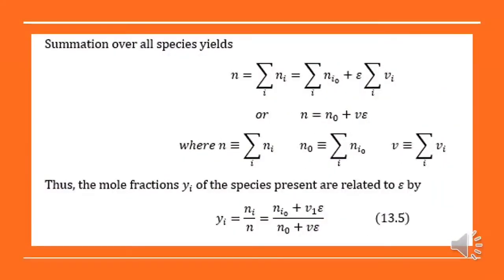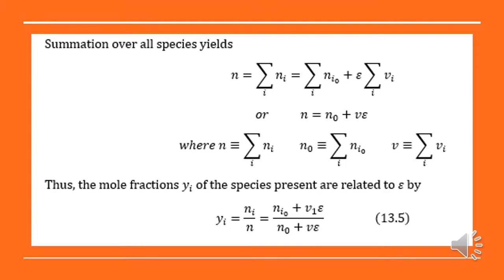Summation over all species yields the summation of ni equals the summation of ni naught plus ε times the summation of vi, or in simple form, n equals n naught plus vε.